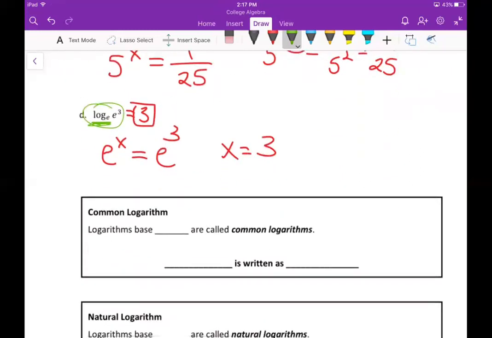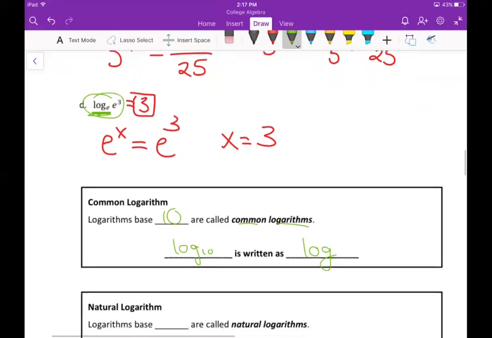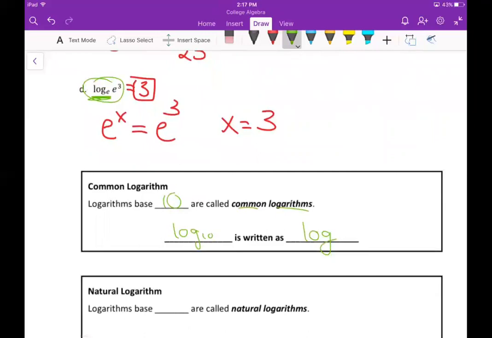So logarithms base 10 are called common logarithms. And instead of writing that 10 as a base, it's so common that it has become just log without a base written. So on your calculator, when you see the log key, it is log base 10. So most of the time we're going to take log base 10.